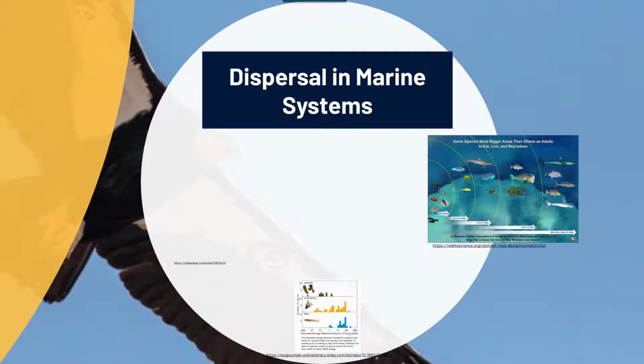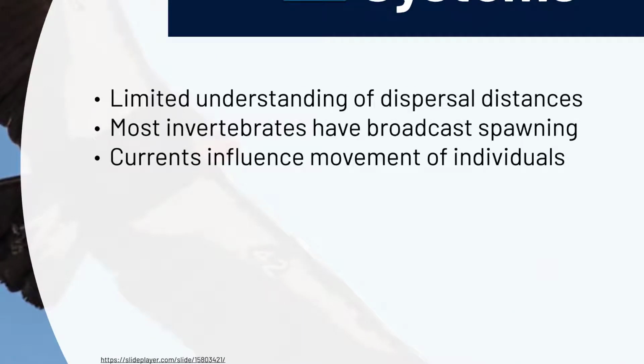Within marine habitats, we find some other characteristics of dispersal that are slightly different. Firstly, we're very limited in the understanding of dispersal distances because there are so many elements within the water, currents, and other things that are responsible for and influence that dispersal.